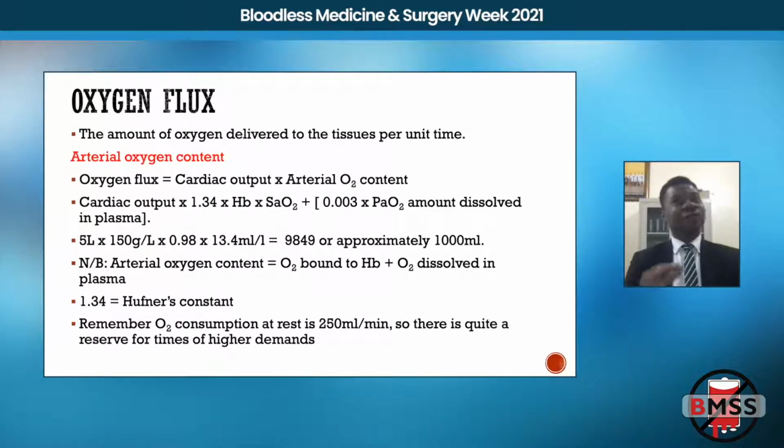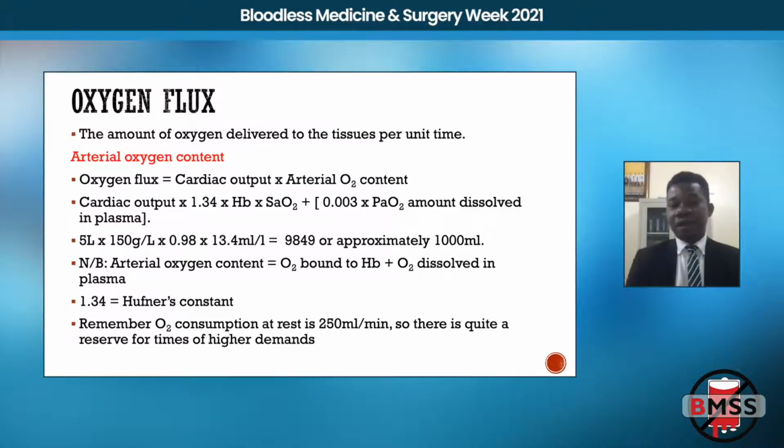And now let's look at another calculation that will take into consideration the cardiac output of this patient. We all know that in a particular minute, there's a quantity of blood that is being pumped out from the heart. The amount of oxygen delivered to the tissue per unit time is what we refer to as oxygen flux.